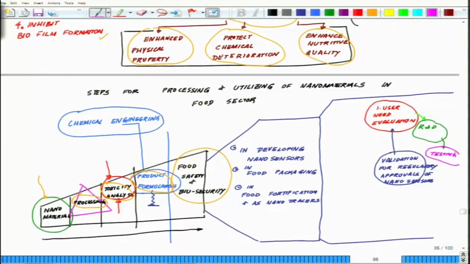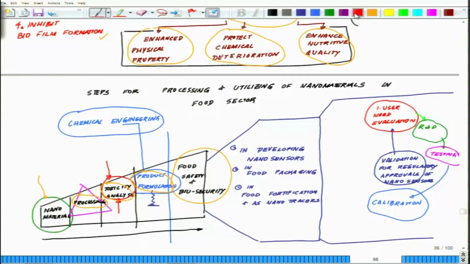Whether animal trial, human trial, and what level of usage we are talking about. Next part is the calibration. Post testing, at what quantity you wanted to inject or introduce it in the food chain.